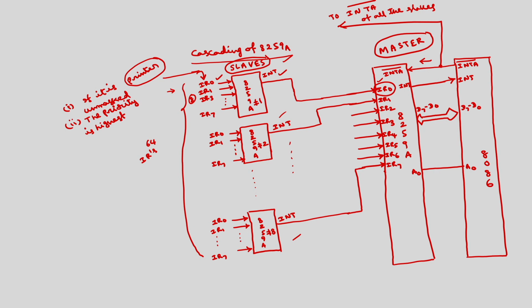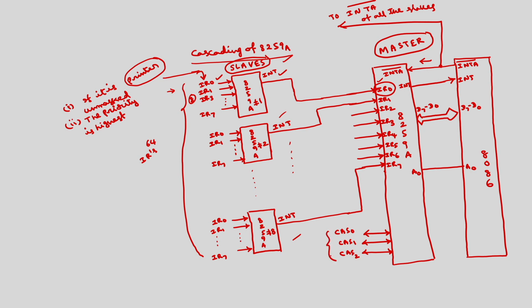Each slave will have some ID, and that ID will be informed through CAS lines. There are 3 lines called CAS 0, CAS 1, CAS 2.